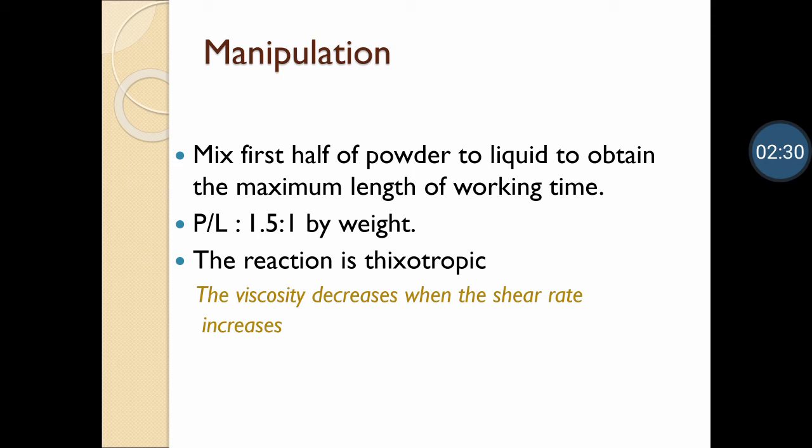The liquid is dispensed just before manipulation of the cement in order to avoid evaporation of the water. Bulk of the powder is incorporated into the liquid and then manipulated in a smaller area for 30 to 40 seconds, the mixing time. It has a very fast working time, so it has to be placed immediately.